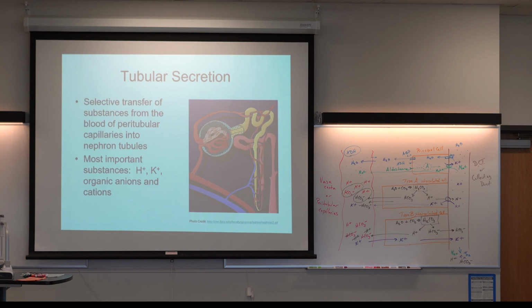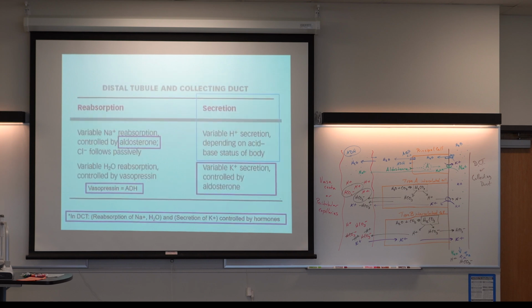We know the cell types. They can either be reabsorbing things like sodium or water, or perhaps they're secreting things like potassium. So we'll talk about this connection between hydrogen ions and potassium ions. The thing to remember is that aldosterone is going to lead to the reabsorption of sodium. We see aldosterone putting these additional channels that allow sodium to not be lost in the urine, but be picked up by the blood vessels.